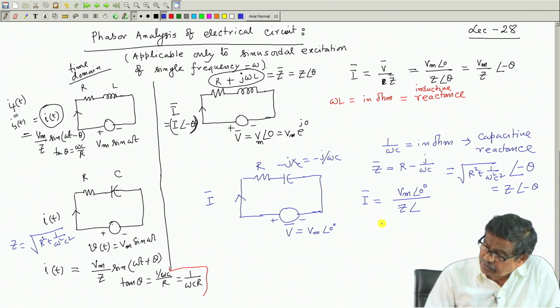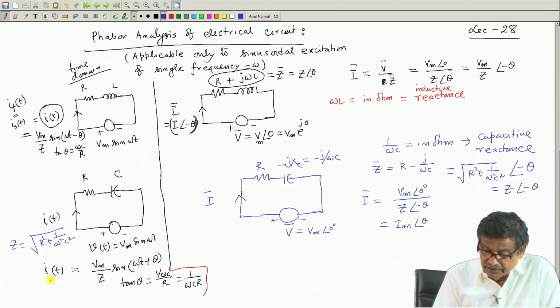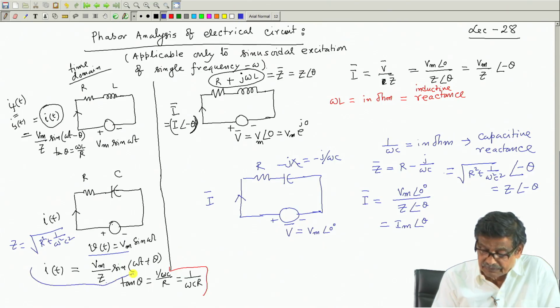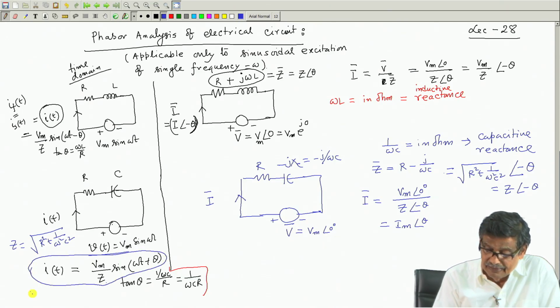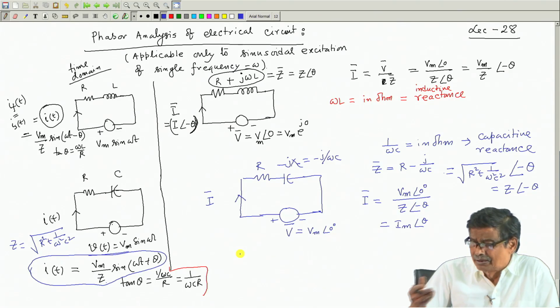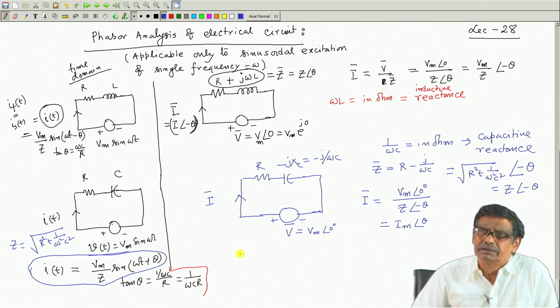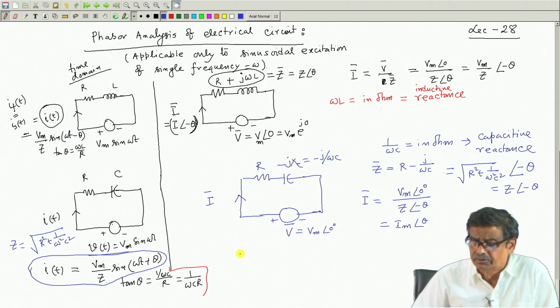So, anyway, this is equal to your I m, and this is minus theta. So, this will become plus theta. So, you see the current will then be leading the supply voltage. If it is an RC circuit, I am not writing any more things about it, you know a bit of it quite well from your first year circuit analysis.